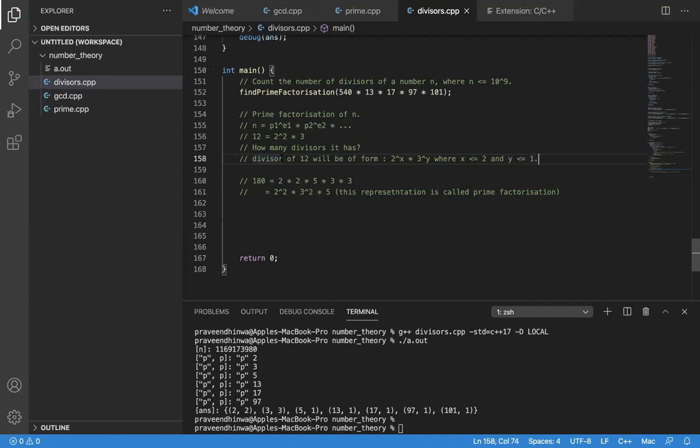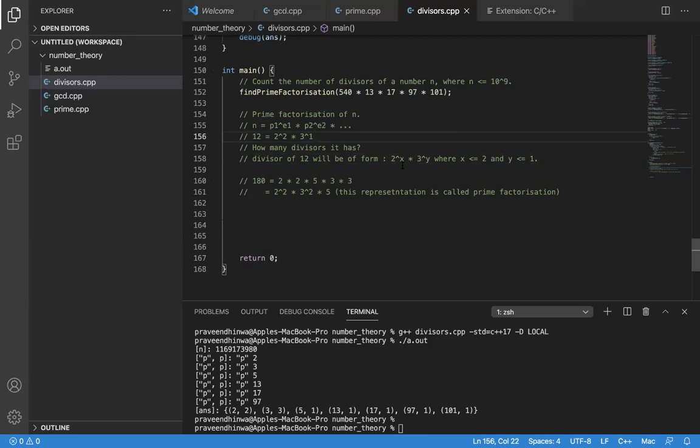Is what I told you just a few minutes back clear to everyone? The divisor of 12 will be of the form 2 power x times 3 power y, where x has to be less than or equal to 2 and y has to be less than or equal to 1. Is this clear?